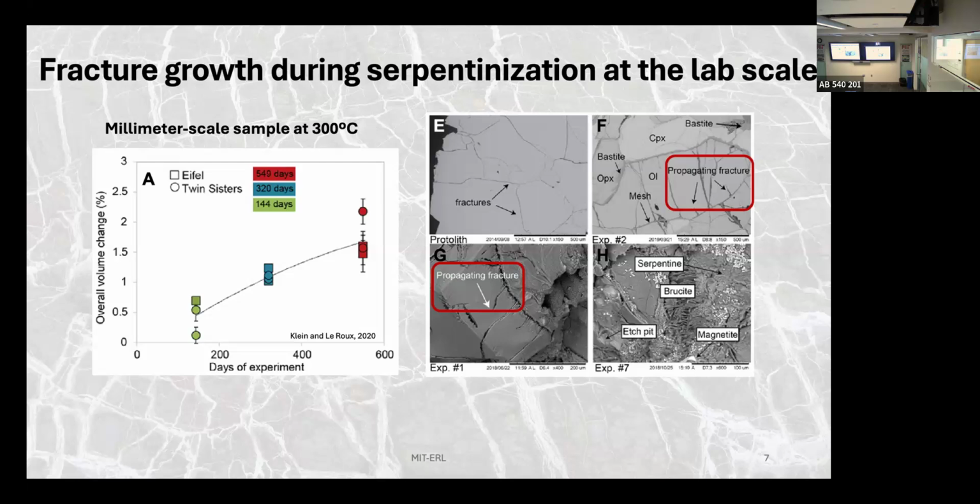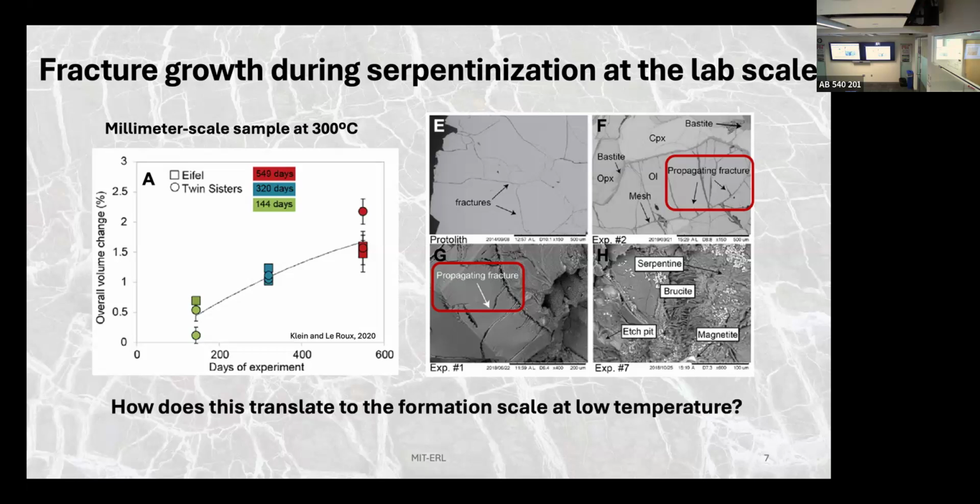And those formations typically reside at a temperature of below 100 degrees C. So the question I want to ask is, how does this translate into a formation scale at a much lower temperature? And this also requires a few methods to observe these kinds of processes.